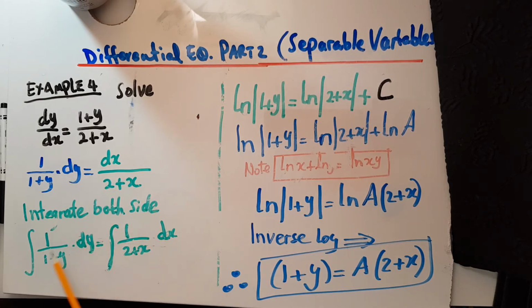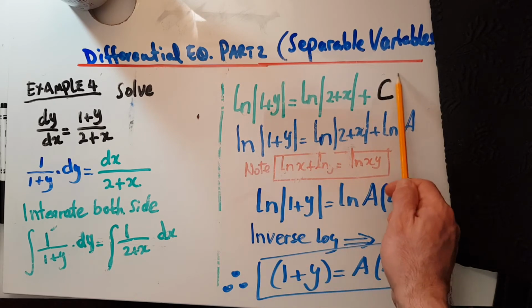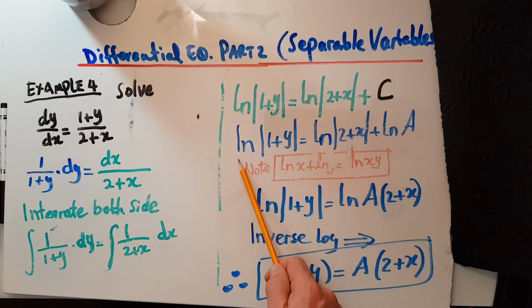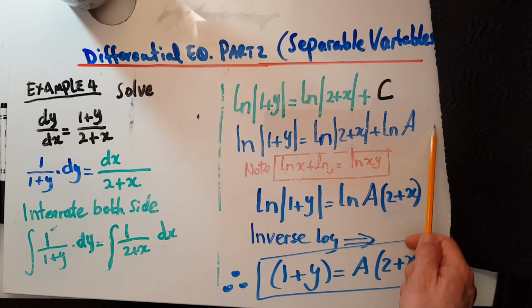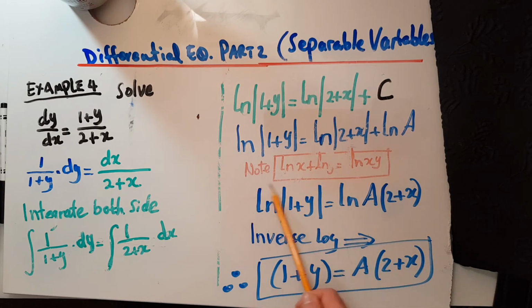You integrate both sides, y with respect to y and x with respect to x, and then you get this answer plus c. Here you have to use the logarithm rules, and then using some algebra you finish up with this, and that is the general solution, a being the constant.